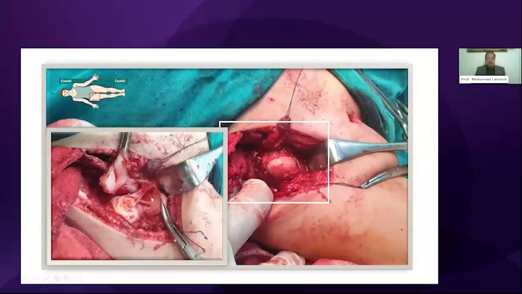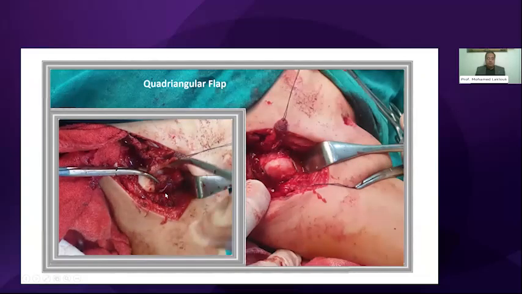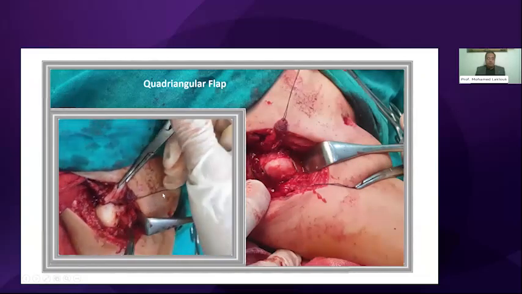In this photo, after opening both the quadrangular flap and the triangular flap, we can see the acetabulum clearly, the ligamentum teres, the pulvinar and the inverted limbus. This video shows the opening of both flaps.